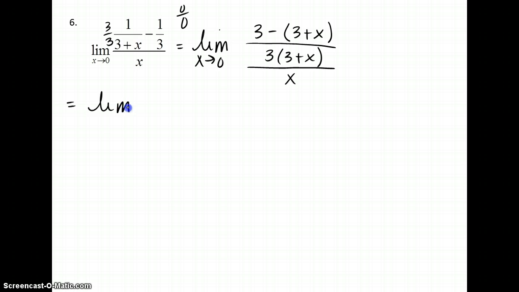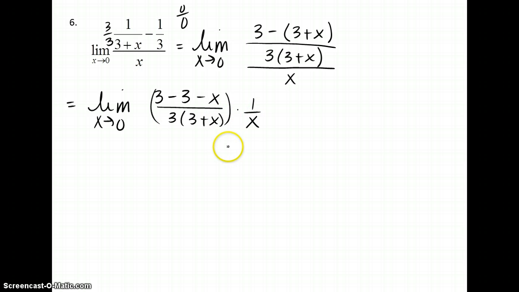Okay, so limit as x approaches 0. Distributing the negative in the numerator. Dividing by x is the same as multiplying by 1 over x.